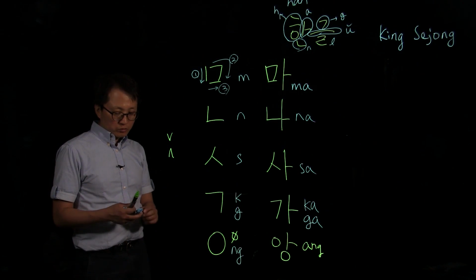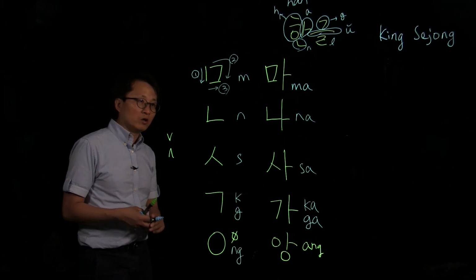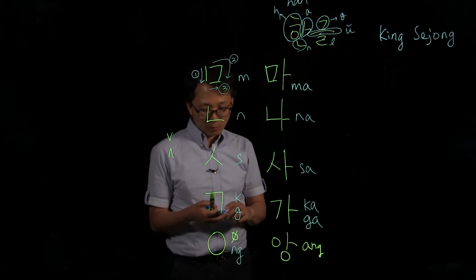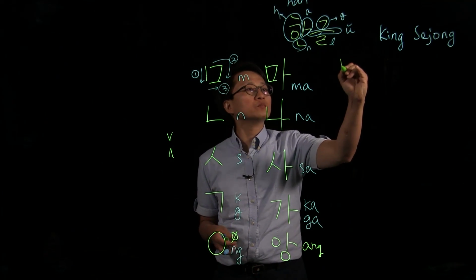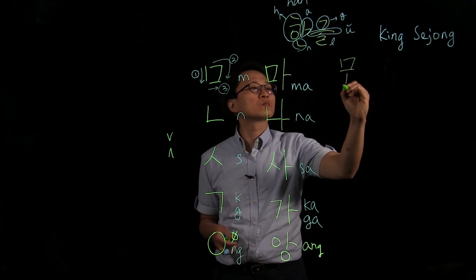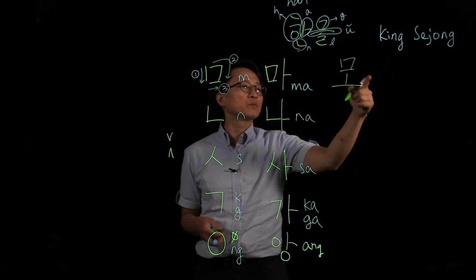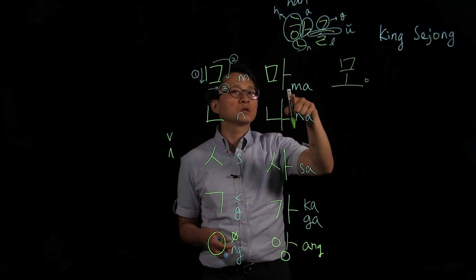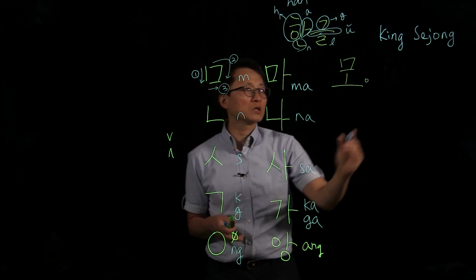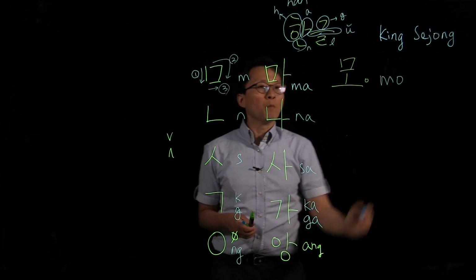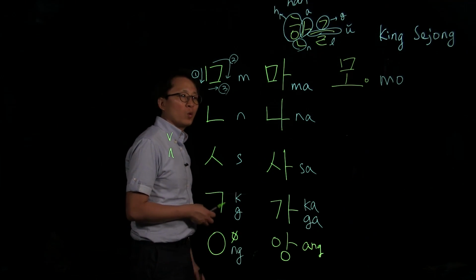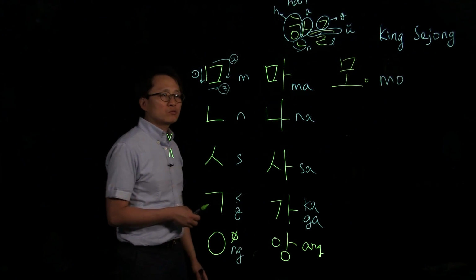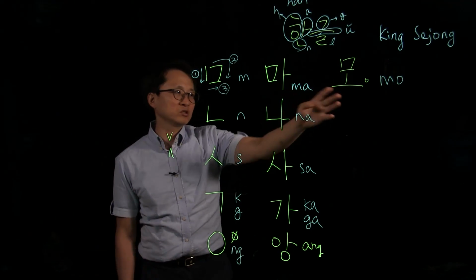Why don't we use a different vowel? What about this? You may remember this, right? What was this? This was O, right? And this is the sound. So how do you pronounce this syllable? Mo, mo. You may have a question about these syllables.